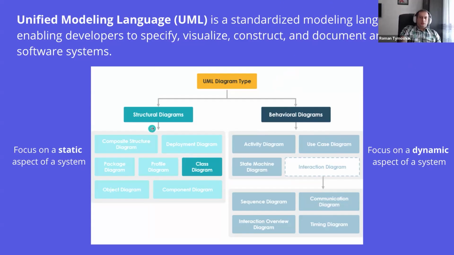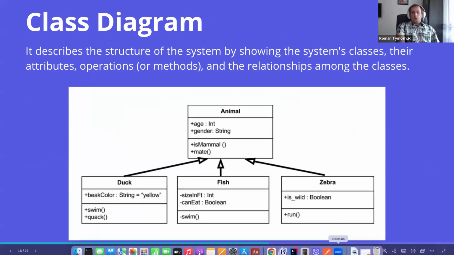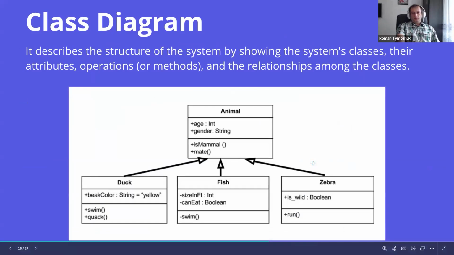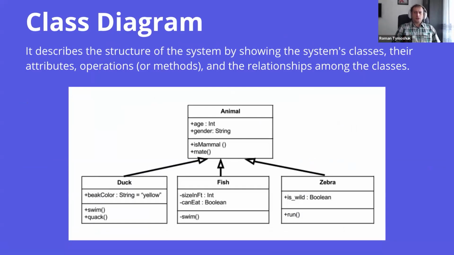So why are we covering that? Before implementing anything in code, you need to understand it in your mind, or even better, to visualize it. And UML is a unified way how we can achieve that. So let's focus more on class diagrams. It describes the structure of the system by showing the system classes, attributes, methods, and their relationships among the classes.